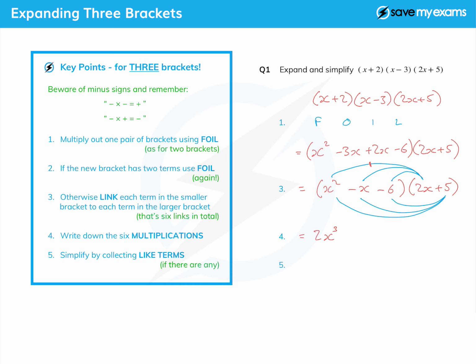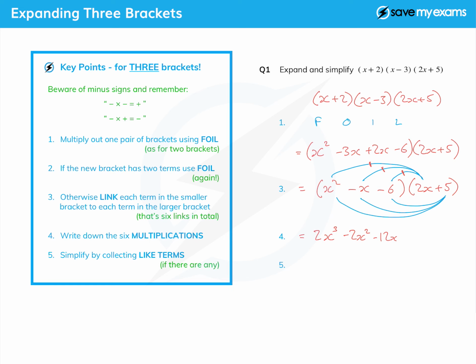Now, my next link is the one connecting the minus x and the 2x. So I've got minus x times 2x, which is minus 2x squared. And again, put a line through something when you've done it so you know that you have. Now I've got minus 6 times 2x, that's the third link, which is, of course, minus 12x. And again, there goes my line.